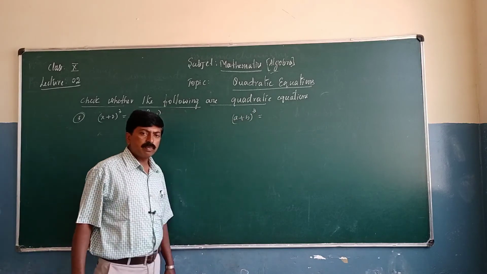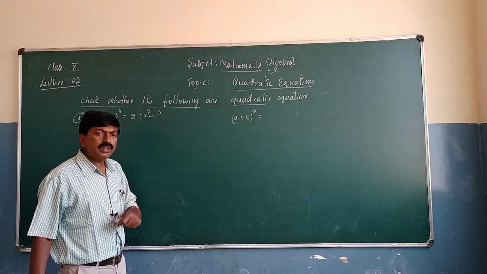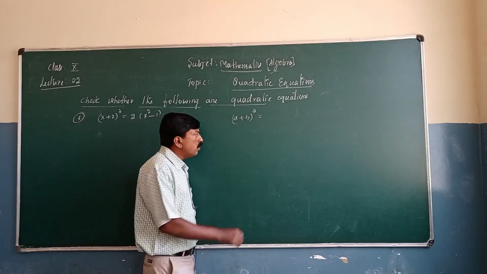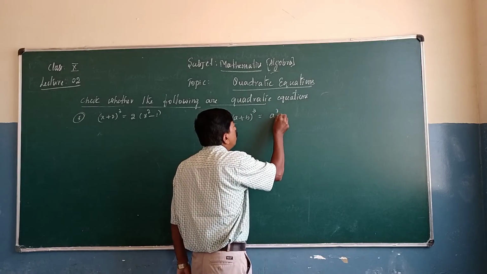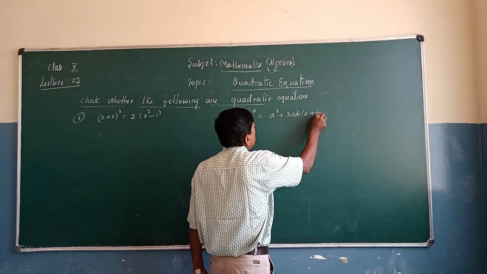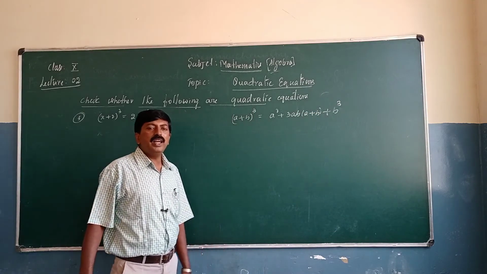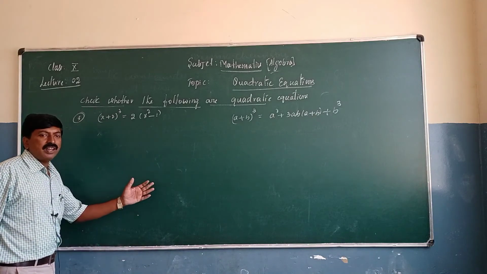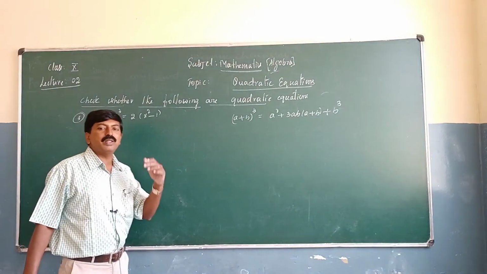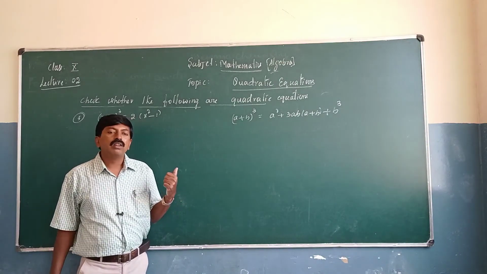Identity you can use. Now, it looks like a plus b. What is the expansion of a plus b whole cube? It is a cube plus 3ab into a plus b plus b cube. You can remember the identity. If you forgot the identity, it is not possible to identify whether the given equation is quadratic or not.